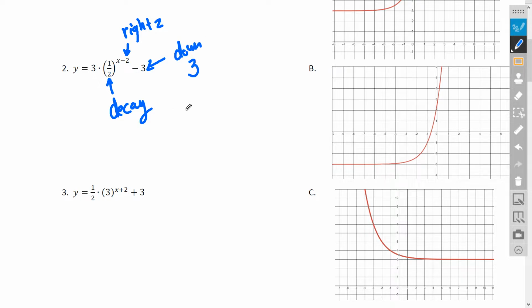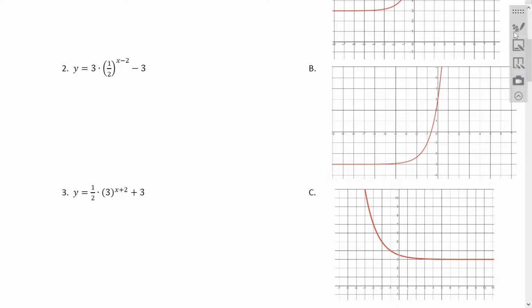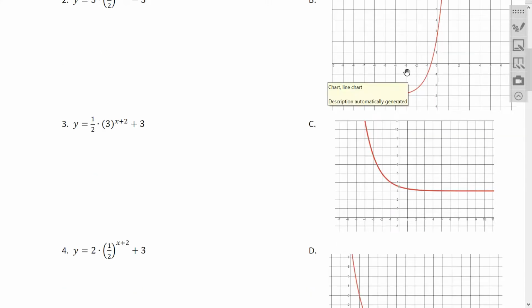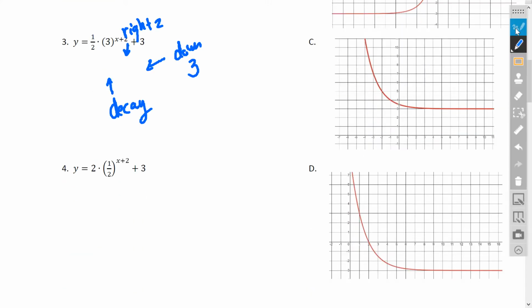So we'll be looking for a graph that's been shifted down by 3 units, and that is decay. Okay, well, we can eliminate the first 2 options, A and B. A and B are both growth, and we already used B, so it's either C or D.